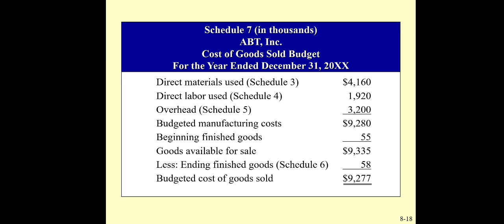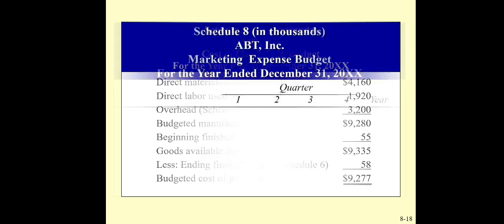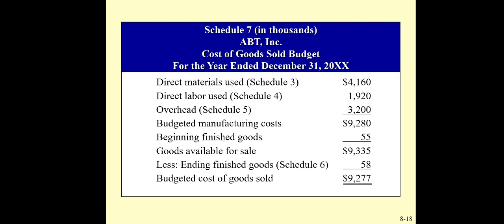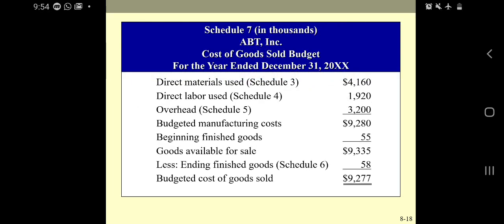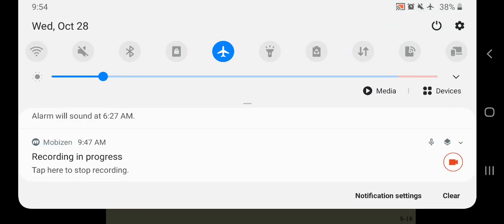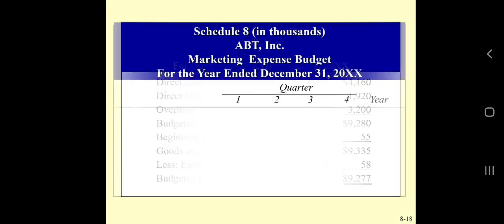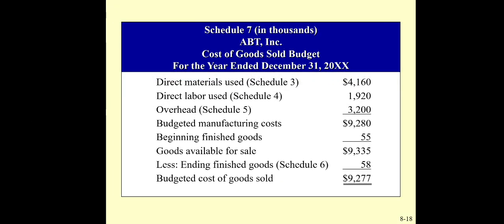Okay, so direct material plus direct labor plus overhead, you will get a total. The total is the budgeted manufacturing cost. Can I highlight something? Okay, so that is the total for the 3 costs, the budgeted manufacturing cost.